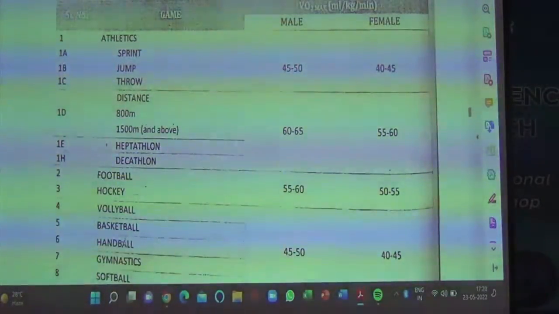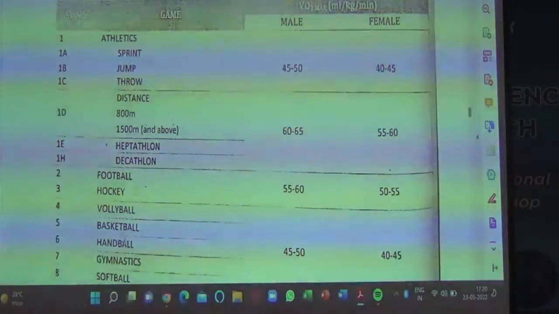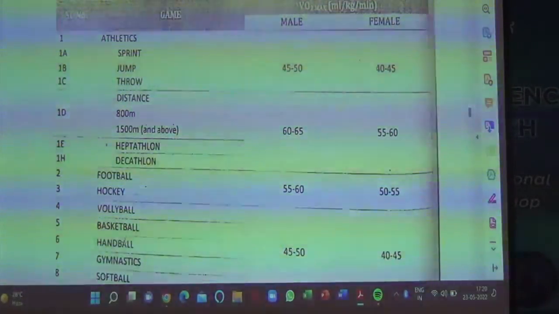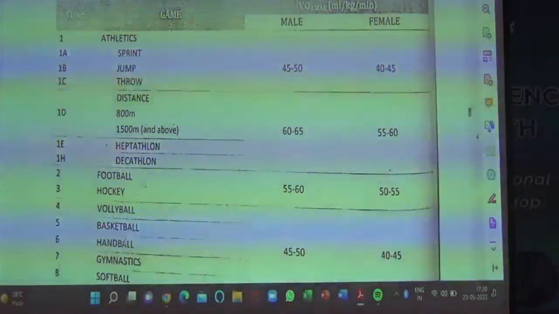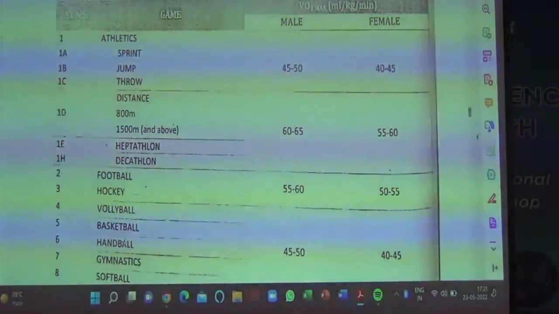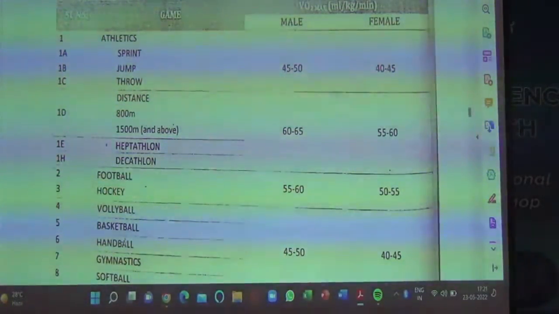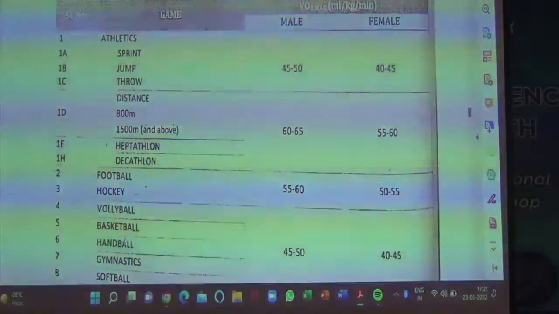If somebody is having, for example, 38, how will you interpret? How do you communicate with coaches and athletes? Poor, below average. Then you have to write down, as in my slide, the training to improve or enhance VO2 max.